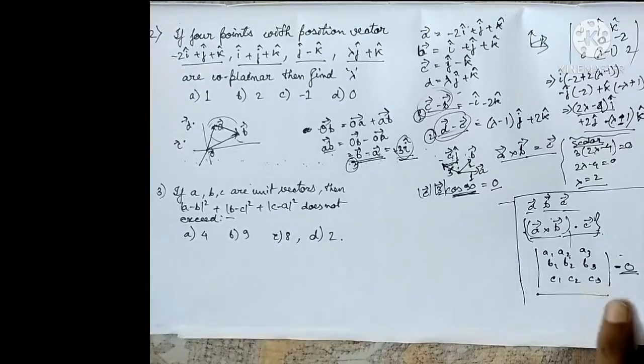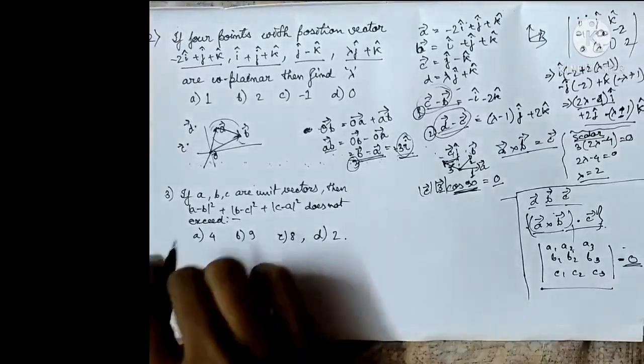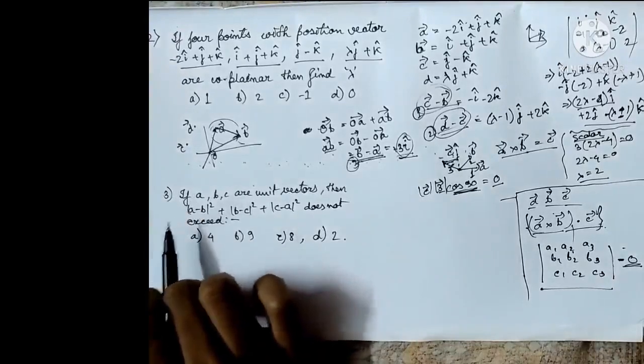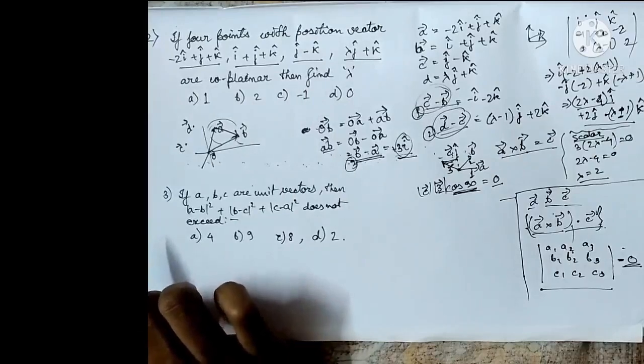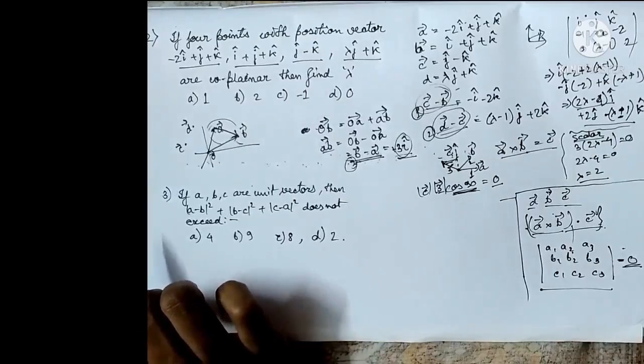So here we are with our last question. The last question is: if a, b, c are unit vectors, what is a unit vector? A unit vector is one whose mod gives us 1.